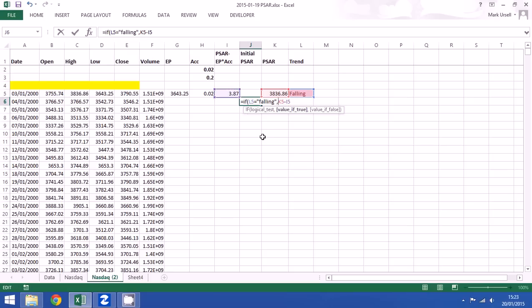However, there is another rule for the PSAR, which is that when we're in a downtrend, our PSAR cannot be lower than the two preceding high points. And I'm going to program that. I'm going to put this in Excel using max of either that, this, or the previous day's or period's high.